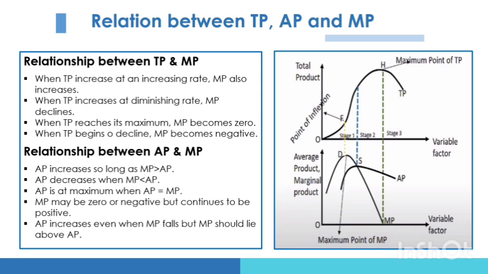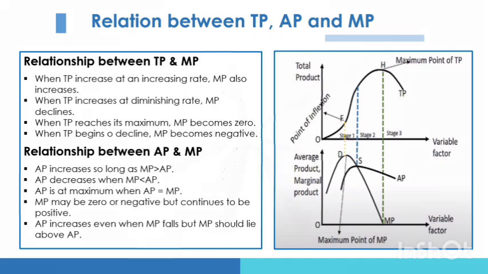The relationship between TP and MP: when TP increases at an increasing rate, MP also increases. When TP increases at a diminishing rate, MP declines. When TP reaches its maximum, MP becomes 0. When TP begins to decline, MP becomes negative.